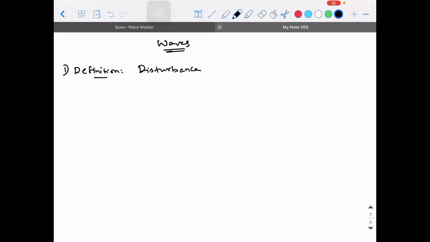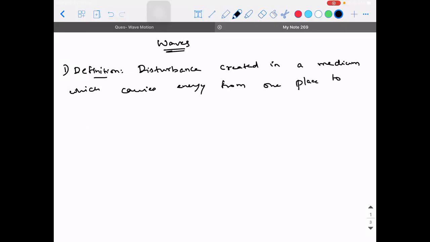A disturbance created in a medium which carries energy from one place to another is called a wave. Right.